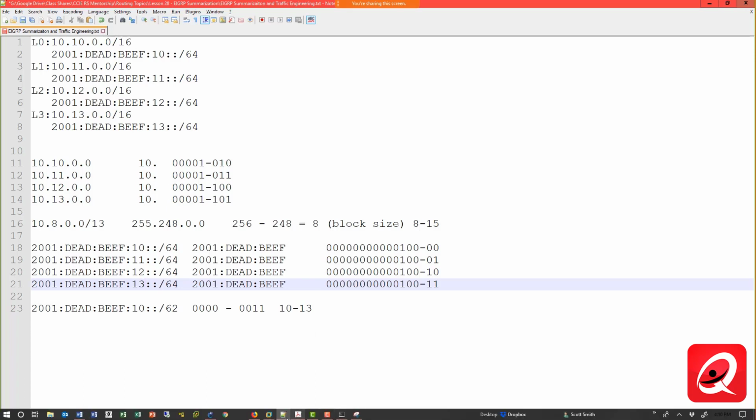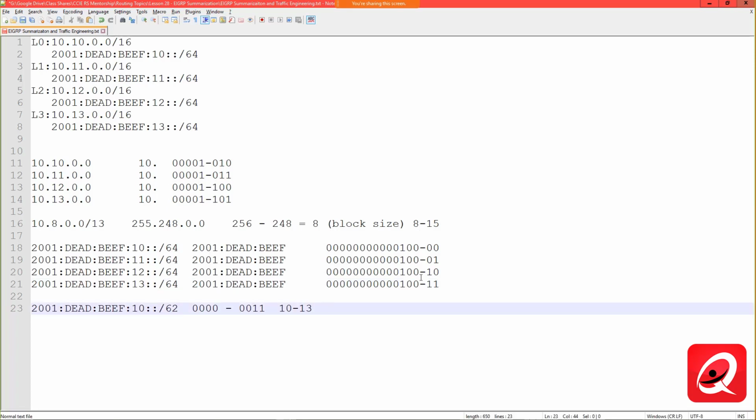Let's go ahead and take a look at the configuration and setting up the actual summaries themselves. And take a look at the effect those summaries have in the overall configuration. I mean, we could summarize technically down to 0.0.0.0/0 if we wanted to. You can actually summarize to any bit boundary in EIGRP.